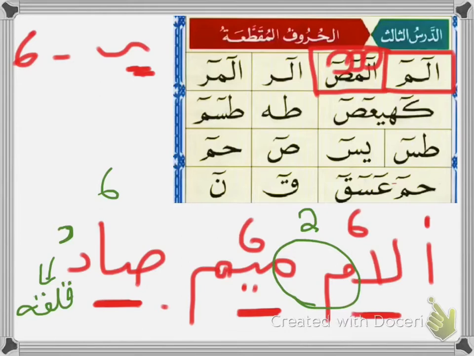No difference between lesson 1, the صاد, and lesson 3, the صاد over here. We just have to do it longer. The length is longer. So we say صاد. Again, we're going to read the whole thing.